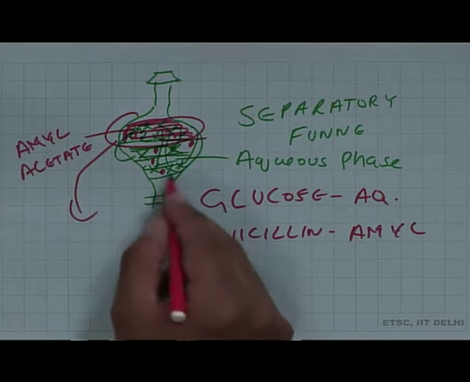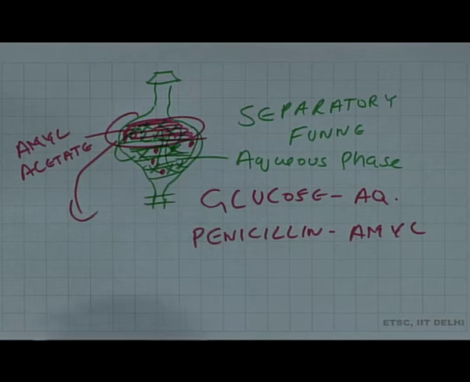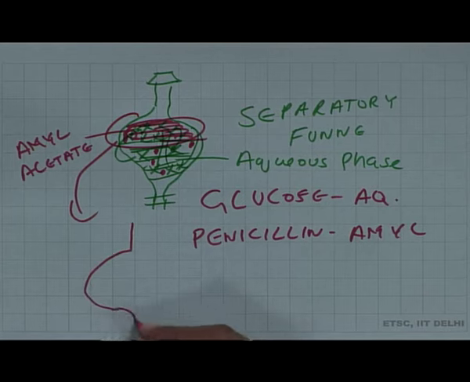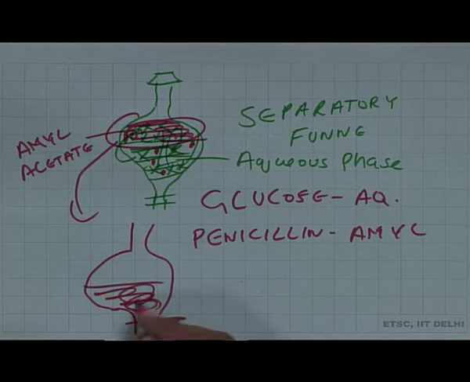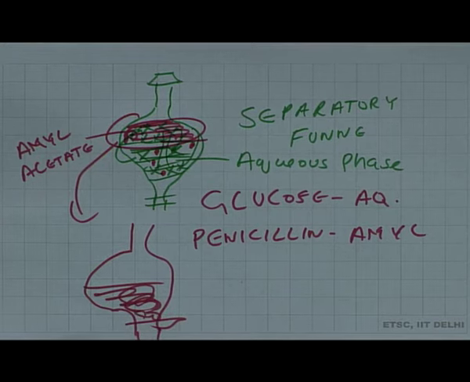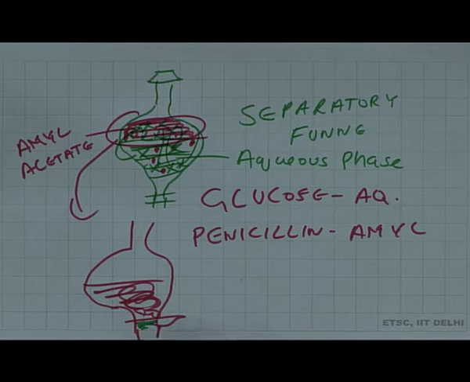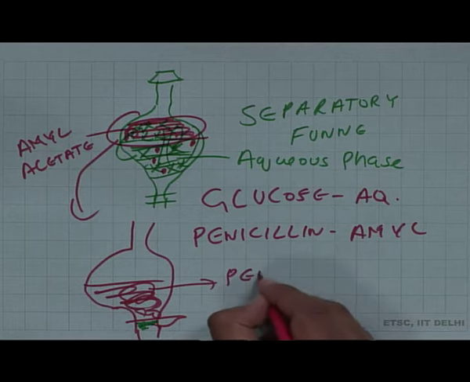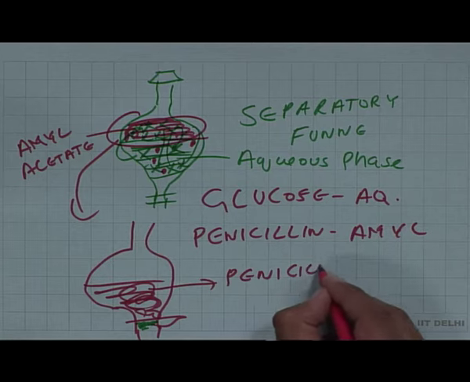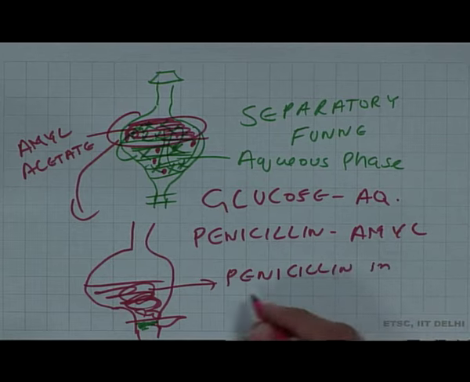So, you open this tap and it will look something like this, and only this phase is separated, and then you can collect penicillin in amyl acetate.